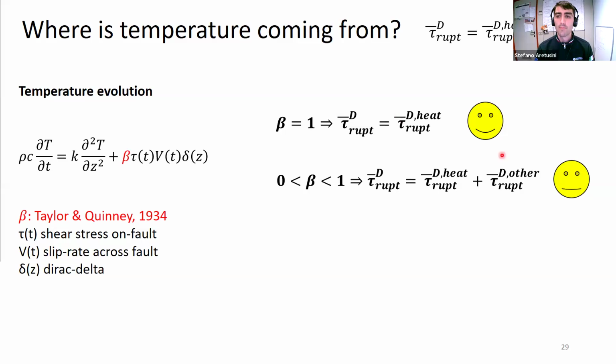And beta can be equal to 1, so that the entire dissipation of energy is converted into heat, and we are happy about it because it simplifies the energy budget. But there are several cases in which this term beta can be between 0 and 1, can be smaller than 1, and so we need to include other contributions in the estimate of shear stress. And this is complicating our energy balance a little bit.